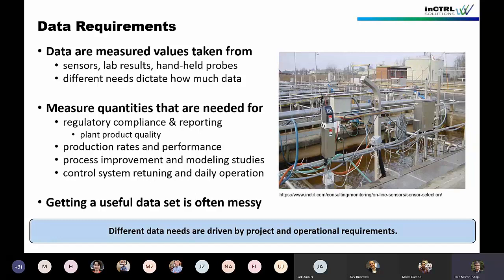All right, and we also recognize that the data sources that may be available or that need to be developed for providing the information that we need, they need to be assembled and put together, and that this is not always an easy thing to do. It's often a messy thing.